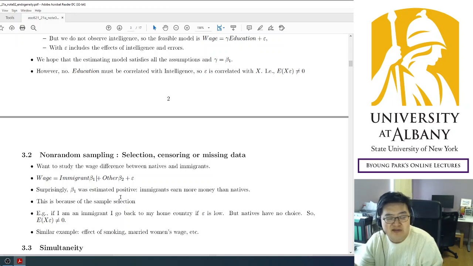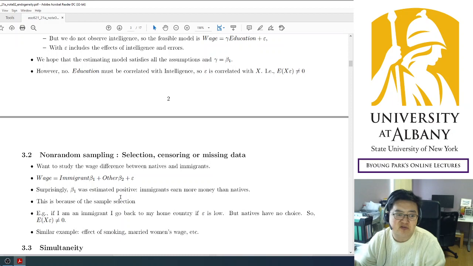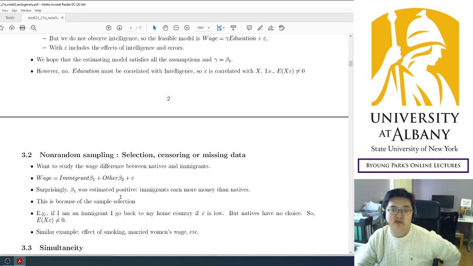One of the important reasons for them to go back is basically their salary or their job opportunities. So, rather than taking low salary here, if I go back to South Korea, then I may get better salary or better living environment.